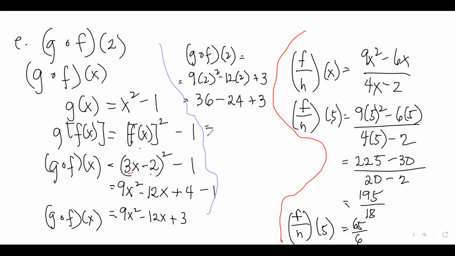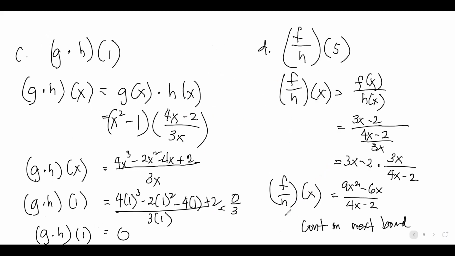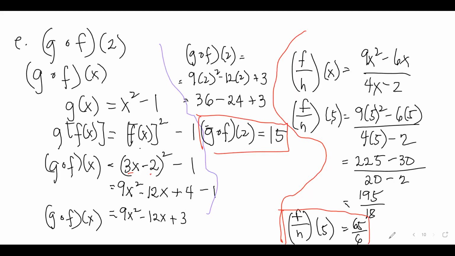So, 36 minus 24, that is 12 plus 3. So, G of F of 2 natin is equal to 15. I-box pala yung final answer. Lahat ng final answer kailangan i-box.